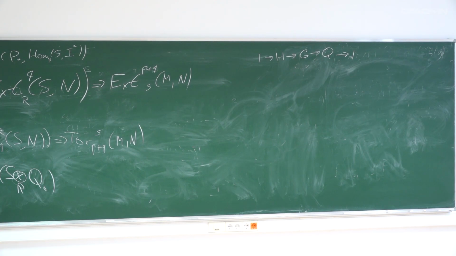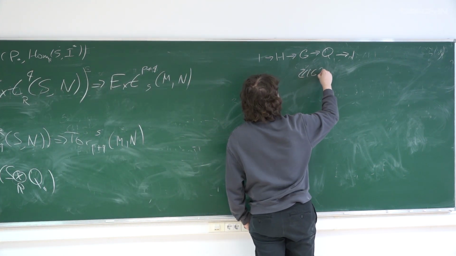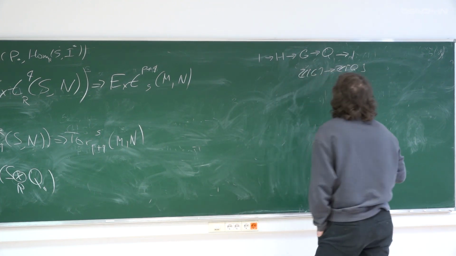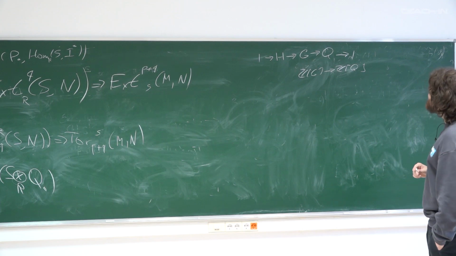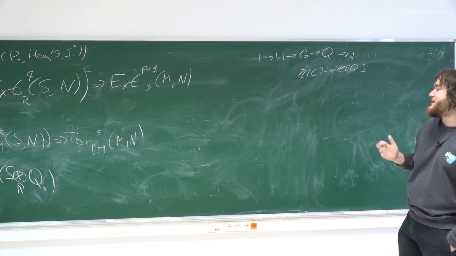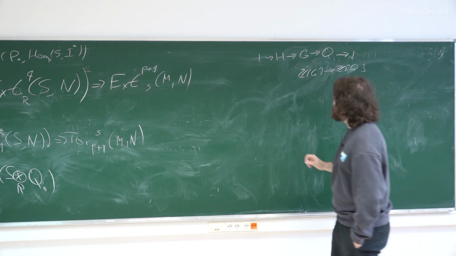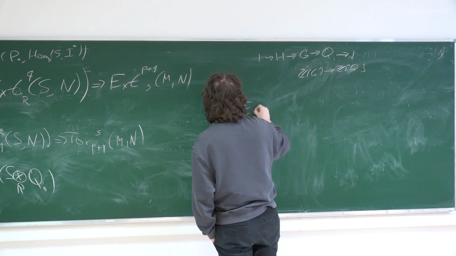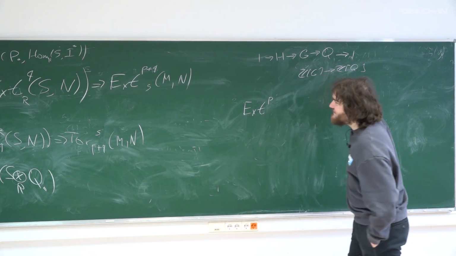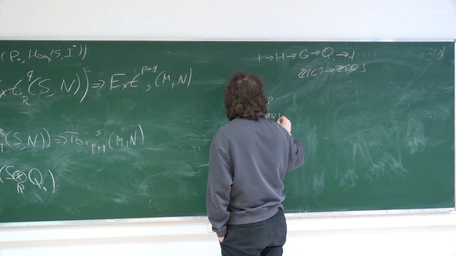Consider at first the group rings, and we have this group ring homomorphism. For this homomorphism, I apply, for example, the first spectral sequence. What do I obtain? This is R, this is S. So I have over Q, right?